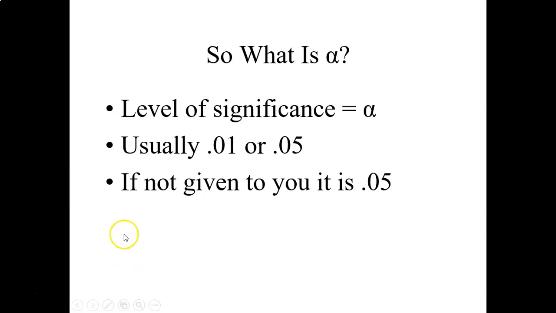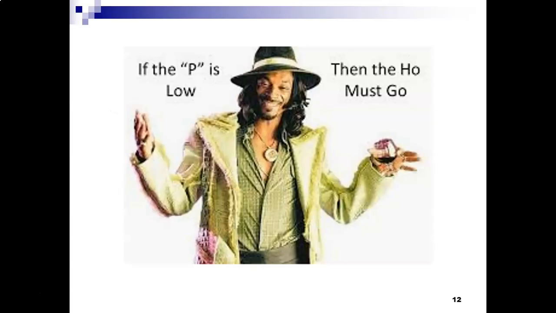Usually the alpha we use is 0.01 or 0.05. Most problems will give it to you, but sometimes they won't. If they don't, the business standard is 0.05. So remember, if the P is low, less than alpha, the H0 must go.